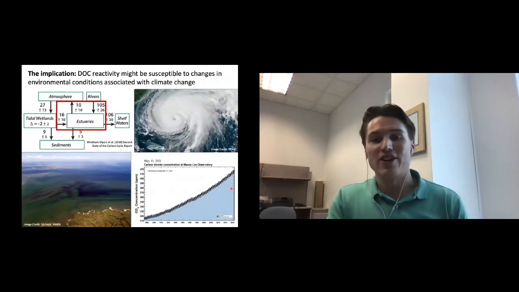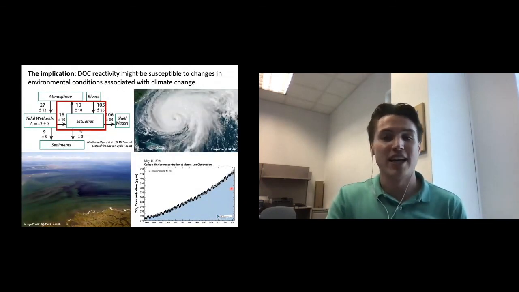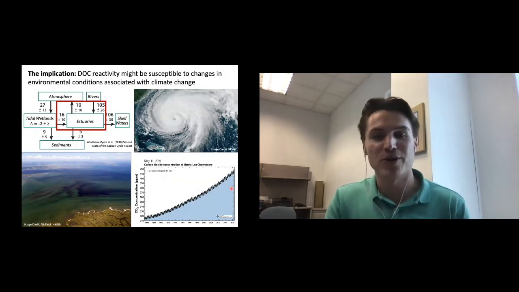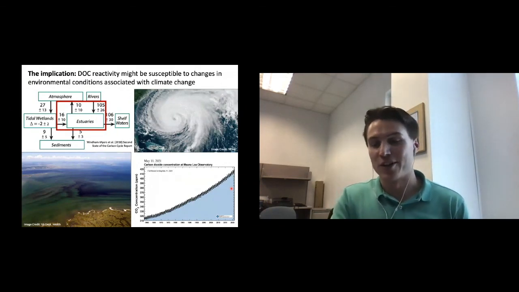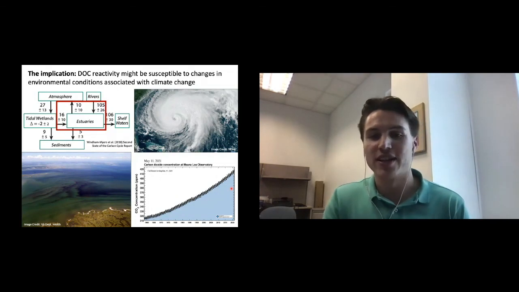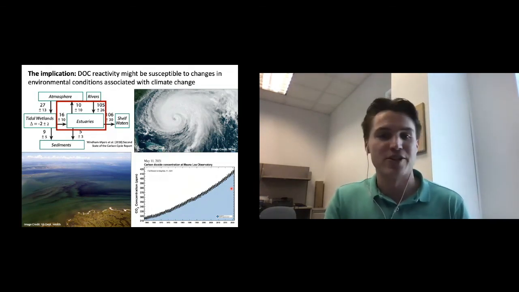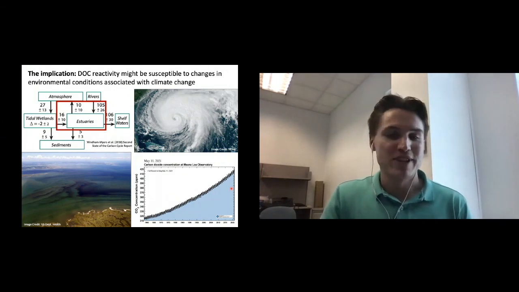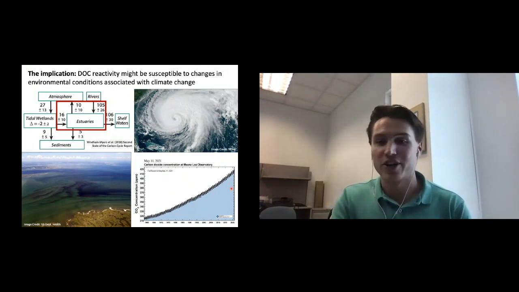But what I do want to end on is talking about what this means in the grand scheme of things. So the coastal landscape, including our little York River, is susceptible to changes in climate and occurrence of disturbances such as storms, blooms, extreme discharge, warming temperatures, and the list goes on.